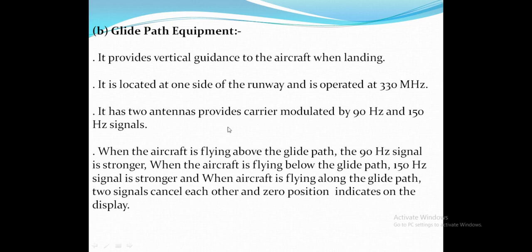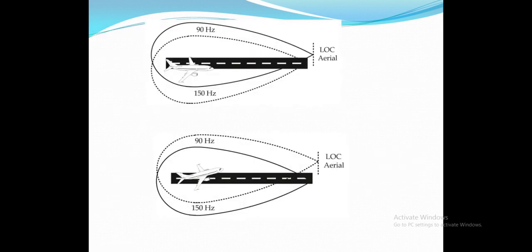It has two antennas that provide a carrier modulated by 90 and 150 Hz signals. When the aircraft is flying above the glide path, the 90 Hz signal is stronger. When the aircraft is flying below the glide path, the 150 Hz signal is stronger.